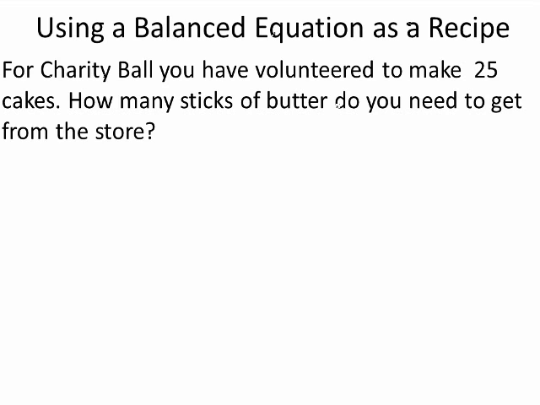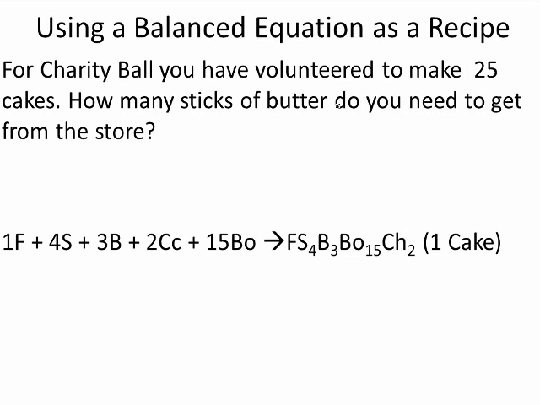Now let's say for the charity ball you have volunteered to make 25 cakes. We want to know how many sticks of butter you need to get from the store. So let's look at this equation. We can look back at the equation and we see the butter is here.